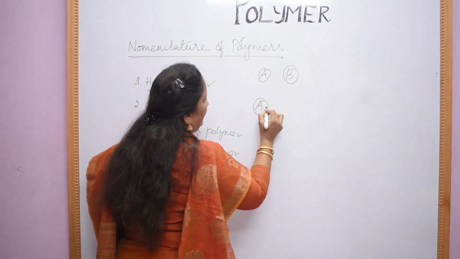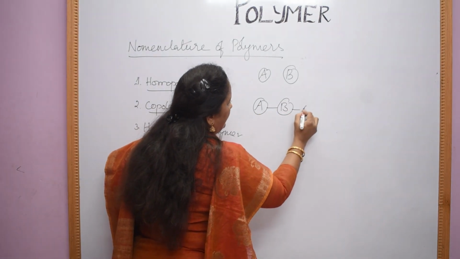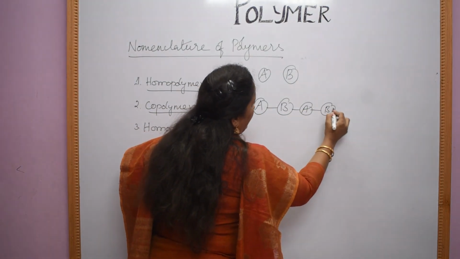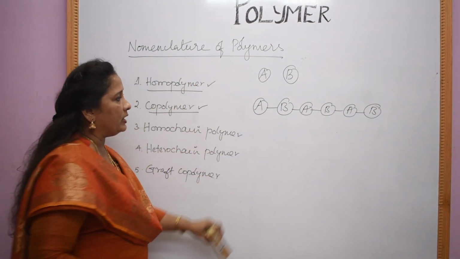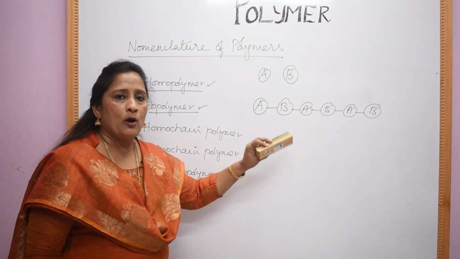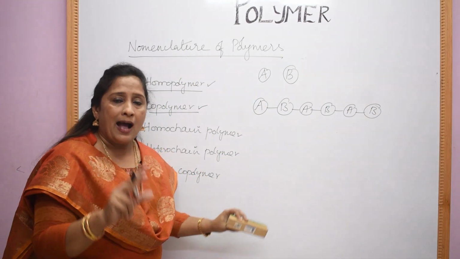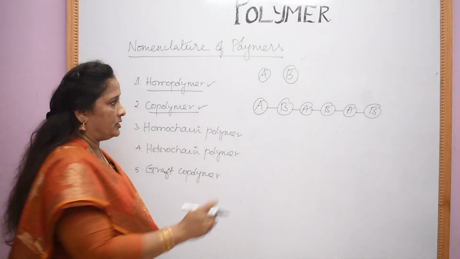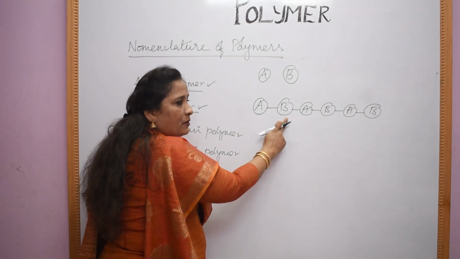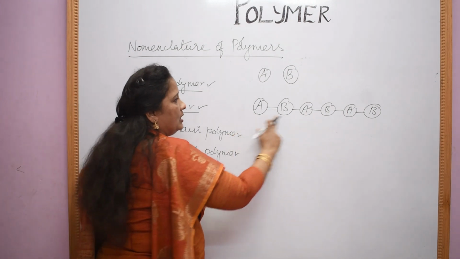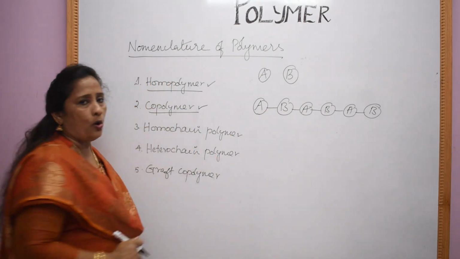So copolymer will be like this, AB, right? So AB. So this is called the copolymer. Copolymer is a polymer which is made up of two different monomers having different chemical structure. So A is one type of monomer having one structure and B is another type of monomer having another chemical structure. So they combine together to form a copolymer.